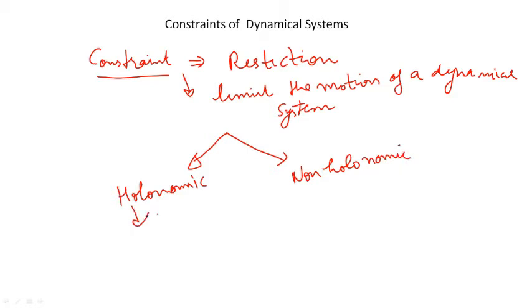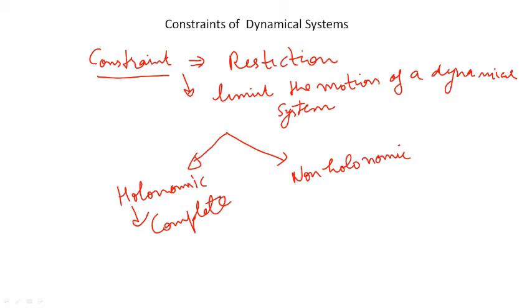Holo means complete. Now we will understand the holonomic constraints and non-holonomic constraints by some examples.